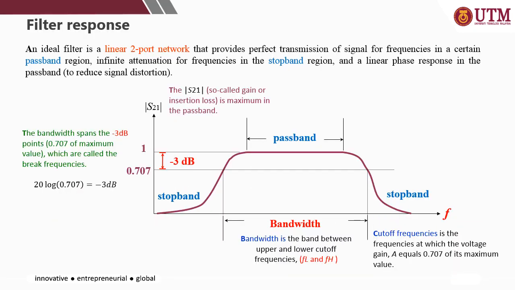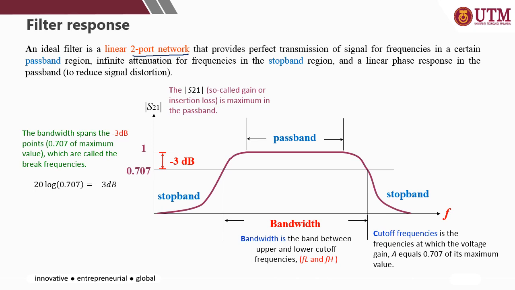Okay, let's look at the filter response. Basically, as I mentioned earlier, it is a linear two-port network that provides transmission of signals within the passband region and rejects the signals outside the region, or in the stopband area.